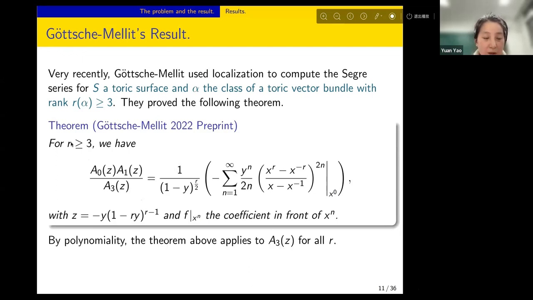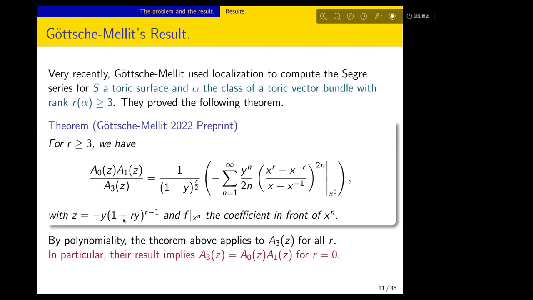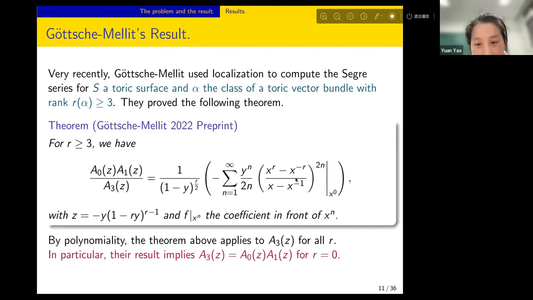What they computed was for r no less than 3, but actually the result applies to all r, so it also applies to rank 0, right? So what is x? x is not important. x means this here. You get this formula, this infinite series, and you take the x^0 coefficient. So x is not important, it's just some variables here.